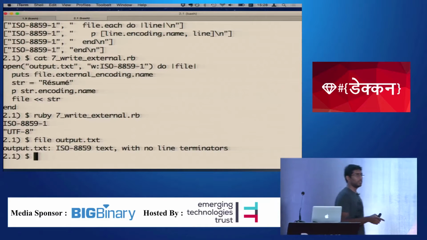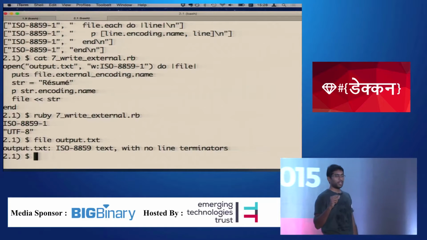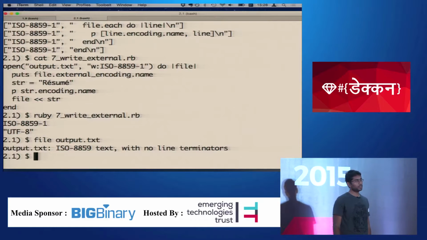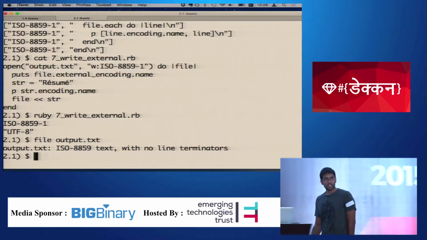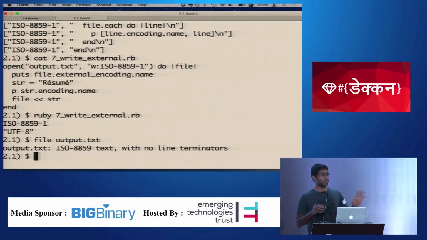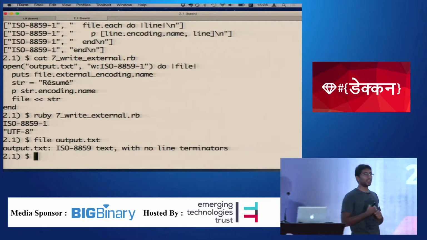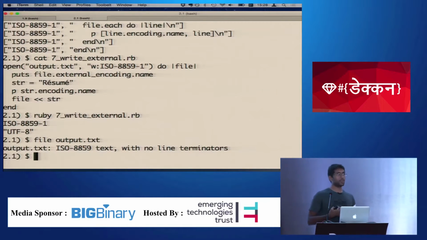This file command will guess the encoding in which the file is encoded. If you look at it, it is encoded in ISO 8859. That's because the external encoding is set as ISO 8859. Right? So this is the very tip of the iceberg of what and how Ruby supports character encoding. I recommend you go read JEG2's articles on character encodings in depth, which will actually make you a better programmer if you want to write multilingual software in the future.